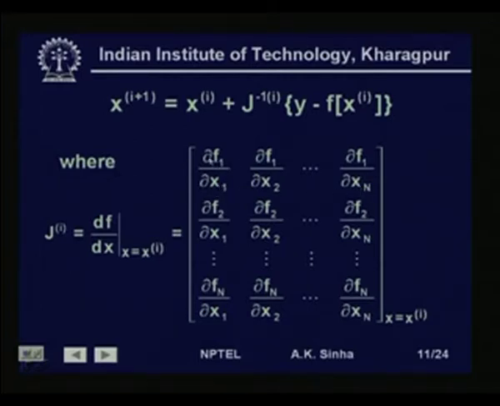So, we will have del f1 by del x1, del f1 by del x2, and so on, like del f1 by del xn. Similarly, for the second equation, del f2 by del x1, del f2 by del x2, del f2 by del xn, and so on till the nth equation, del fn by del x1, del fn by del x2, and so on till del fn by del xn. We calculate all this by substituting the value of x at the ith iteration, that is, with x equal to x i.